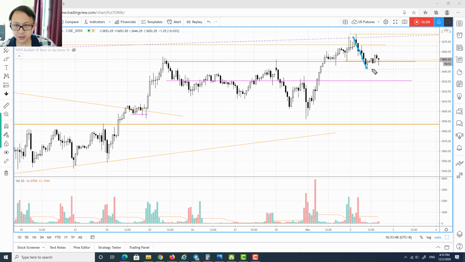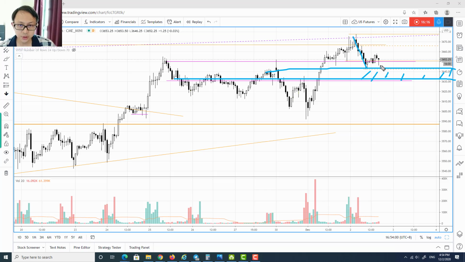So probably the immediate support level will be somewhere around 36.30 to maybe 36.40. That will form a support zone. So there's a potential trade if it can show some kind of reversal trigger somewhere around this support zone, and that will become the long trade.